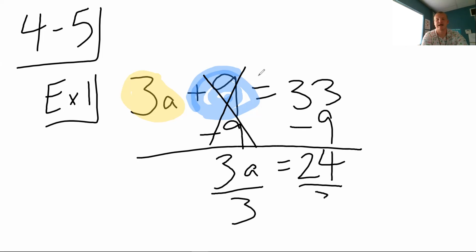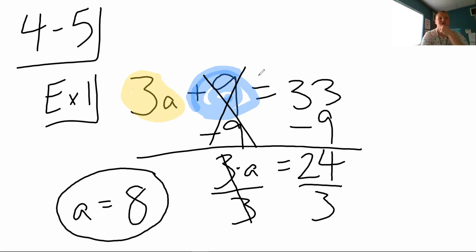That's because I'm trying to get that a by itself. And the opposite of multiplication is division, because right here, this is 3 times a. So I need to do the opposite to get rid of the 3, which leaves just a on the left side, which is what we want. And I'm left with 24 divided by 3, which is going to be 8.